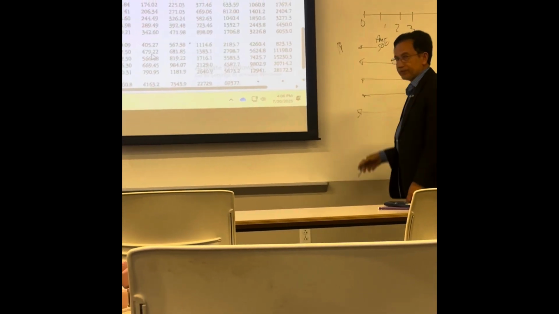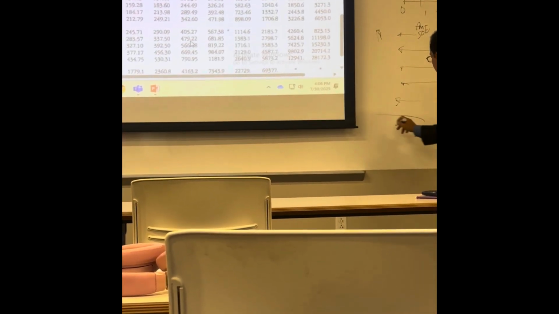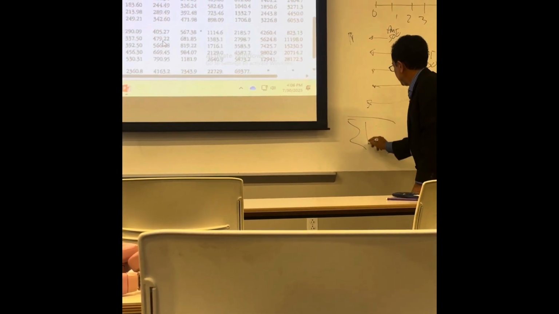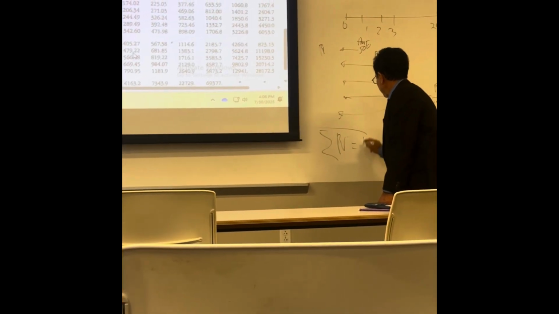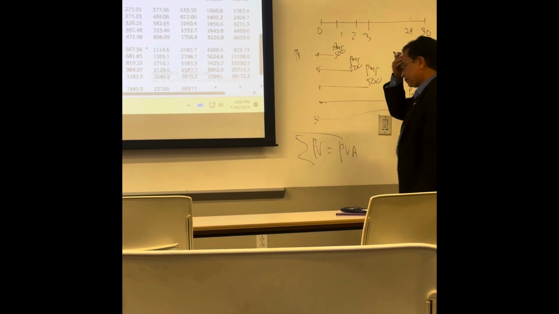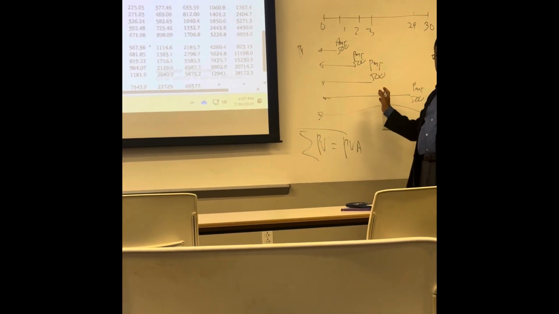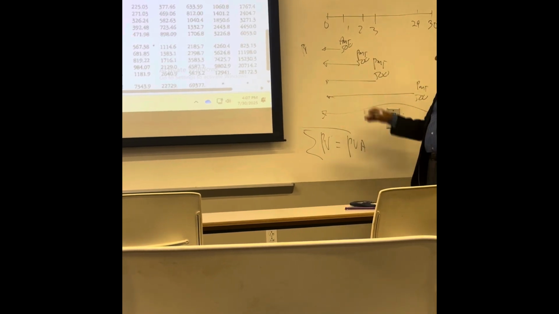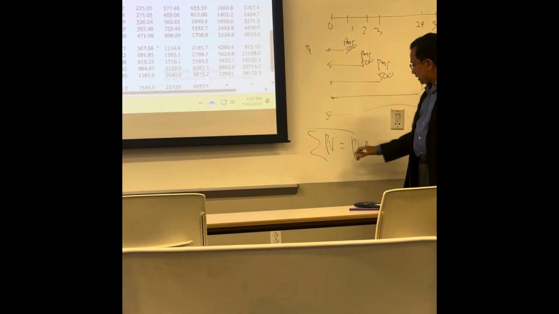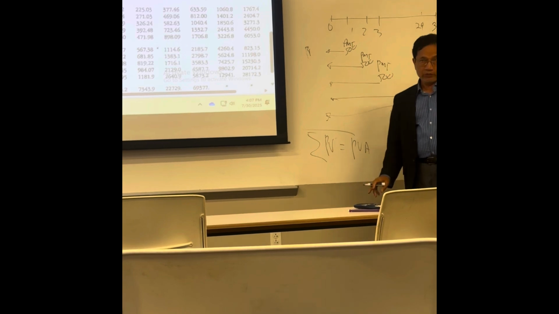So you'll get a series of present values. Add them up, and that will be the present value of this annuity.